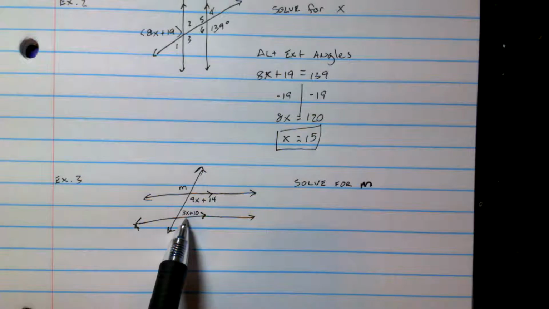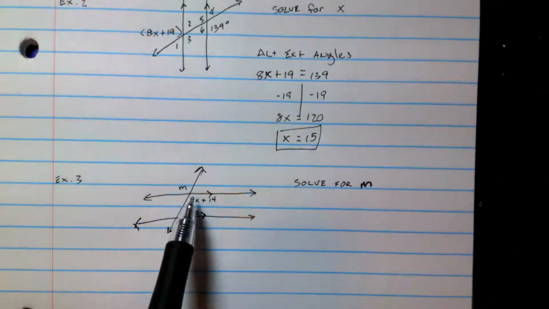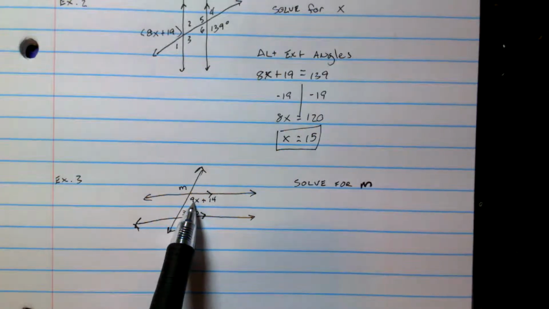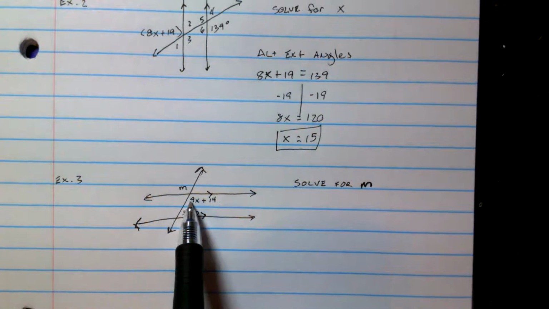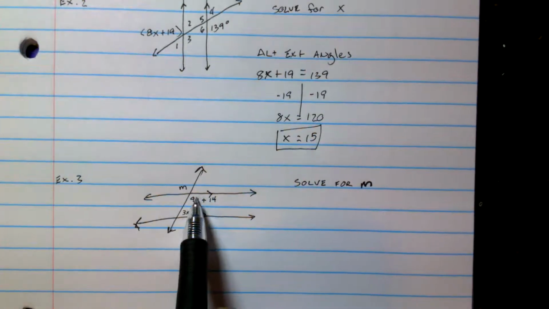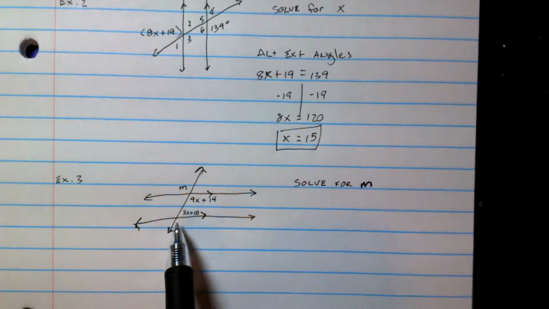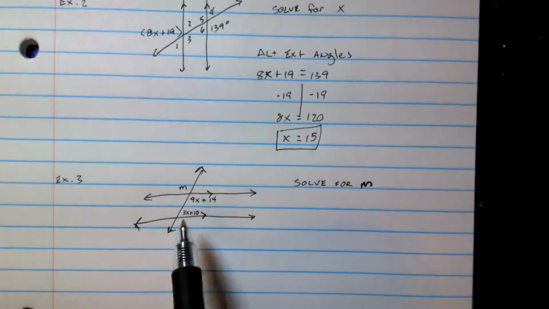I know that there's some more relationships here that should help me. Well, okay, if you'll remember, these two are consecutive, right? There's that angle, and then the very next angle is that angle. So they are consecutive interior angles.